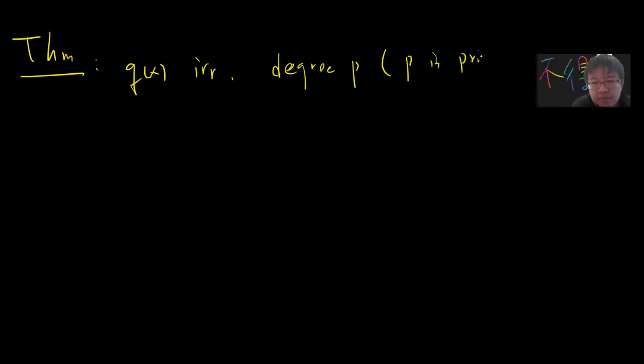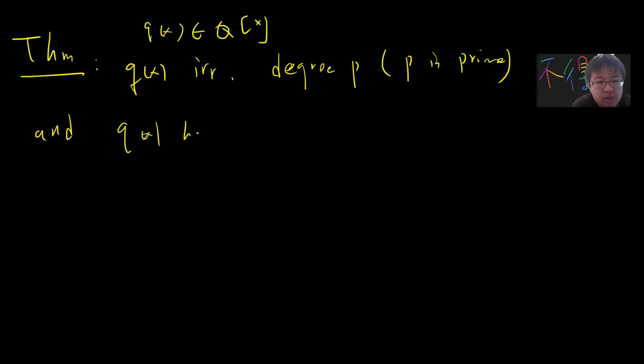It basically says: suppose Q(x) is an irreducible rational polynomial of degree p, where p is prime, and Q(x) has exactly two non-real roots.